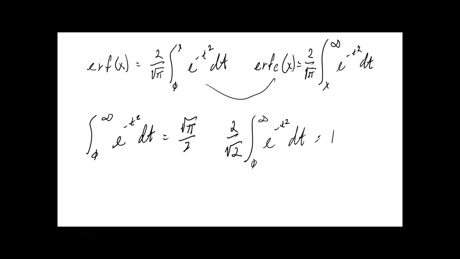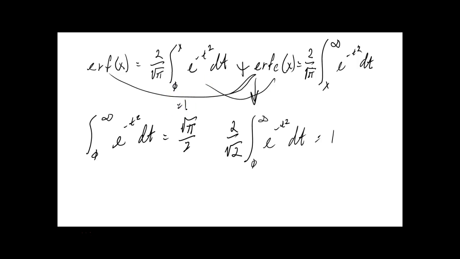But anyway, then you see that these two added together produce this one, and they add to 1. That's the whole purpose of what I'm doing. So that means the error function plus the complementary error function, when they add together, you get 1.